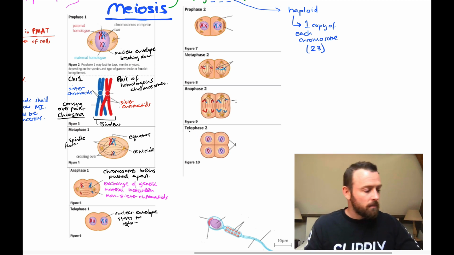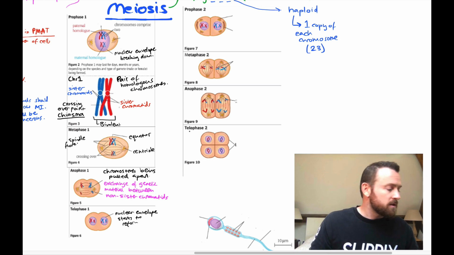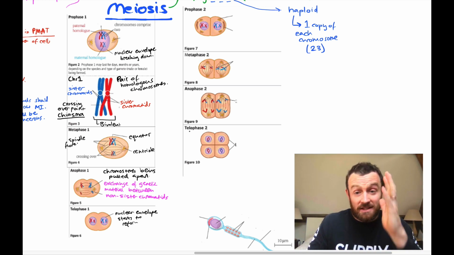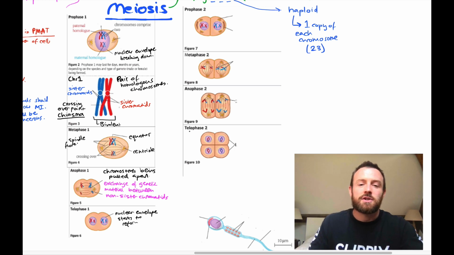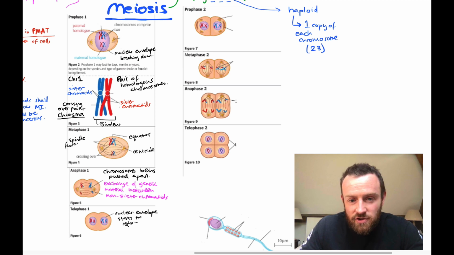So now we're up here at prophase 2. So the second round of meiosis, the second division of meiosis, is more similar to mitosis. So we've got the centrioles, which have already been used in the first division.